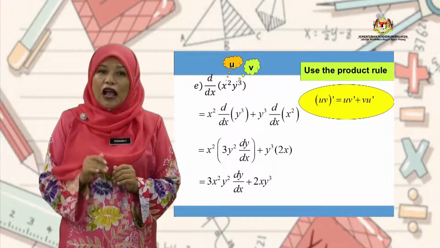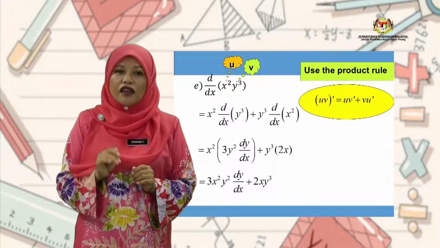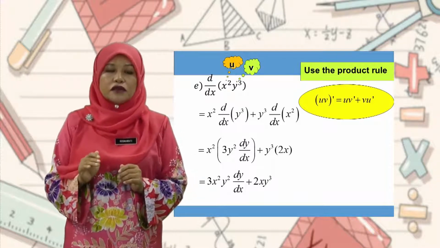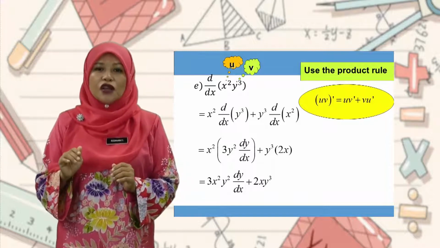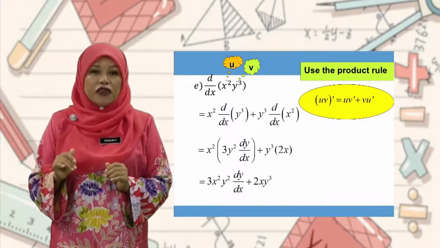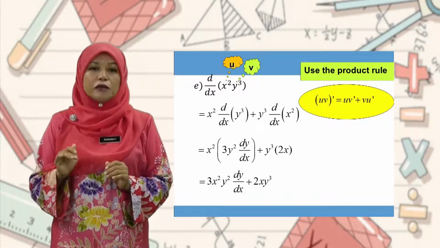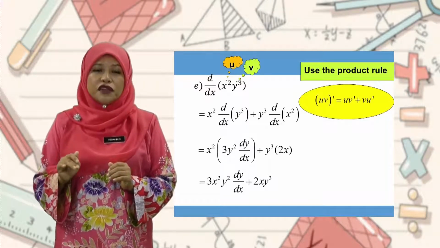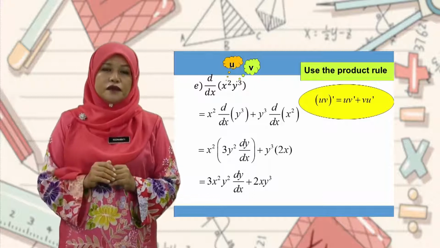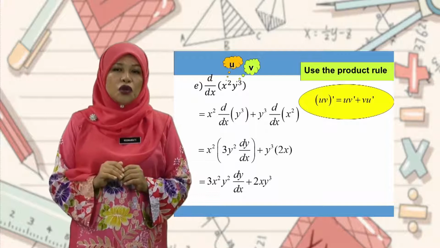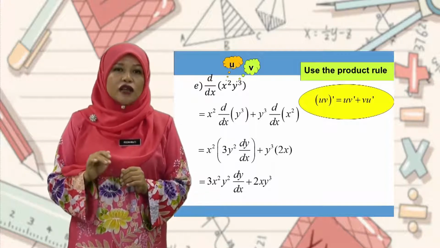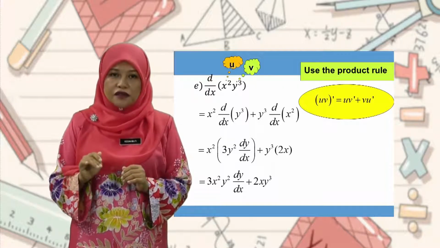So we copy down the x squared, then we multiply with the differentiation of y cubed, plus, we copy down the v, which is y cubed, and multiply with the differentiation of x squared. So here, when we differentiate the y cubed, we will have 3y squared dy dx.